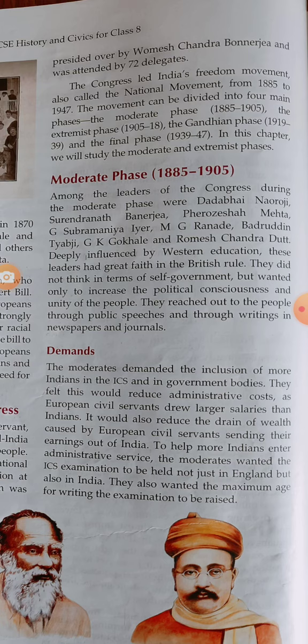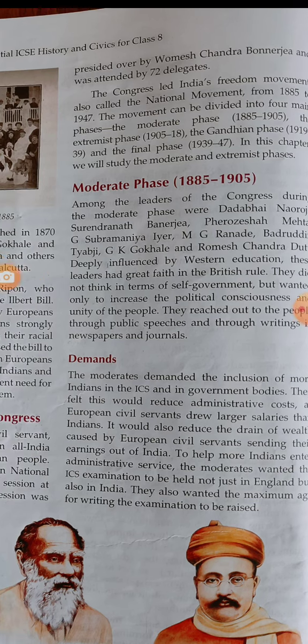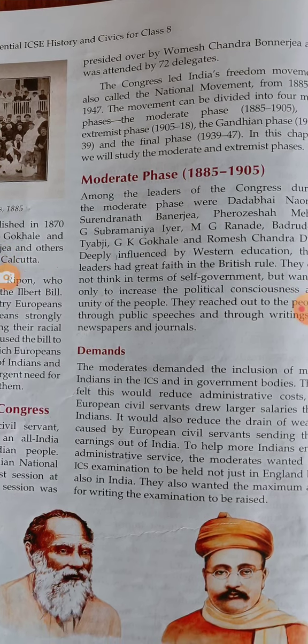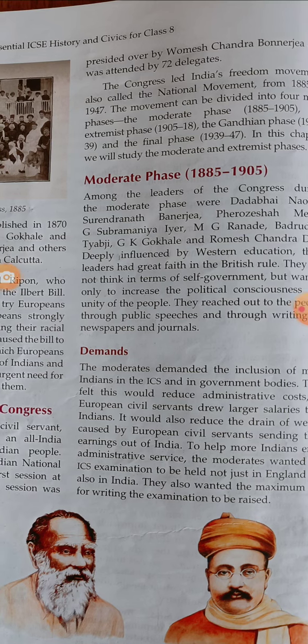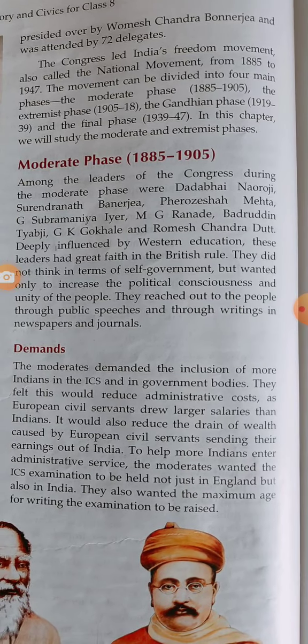You should know the leaders who participated in the moderate phase: Dadabhai Naoroji, Surendranath Banerjee, Feroz Shah Mehta, G. Subramanya Iyer, M. G. Ranade, Badruddin Tyabji, G. K. Gokhale, Gopal Krishna Gokhale, and Romesh Chandra Dutt. These are the leaders who took the initiative and were the first to come forward to start this phase.